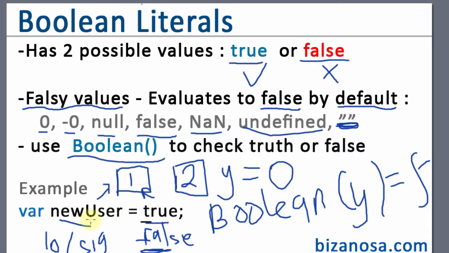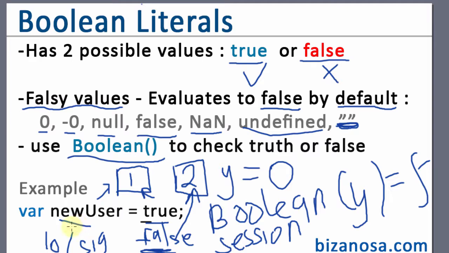So if someone comes in, maybe this has been stored in the session of the browser. You store this in the session of the browser so that if they come in, the value of new user is checked, and if the value is false, then they'll be taken to page 2. Maybe that's their account, maybe that's something that is hidden.